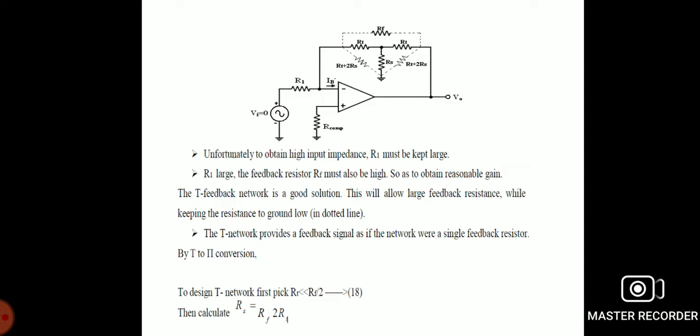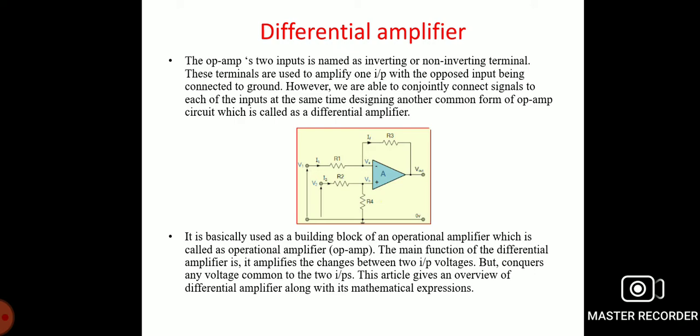Here we see the differential amplifier. The operational amplifier has two inputs, namely the inverting and non-inverting terminals. These terminals are used to amplify one input with the opposite input being connected to ground.